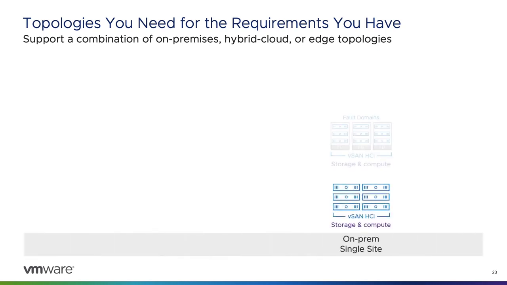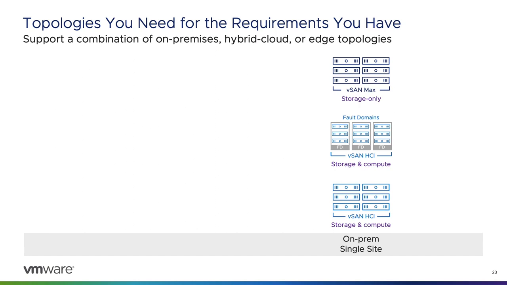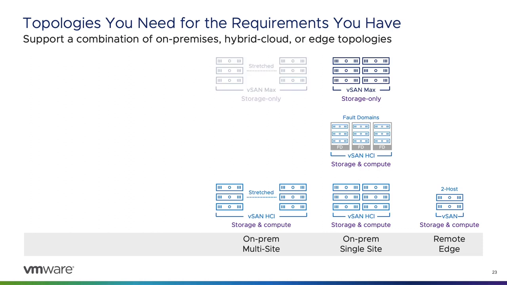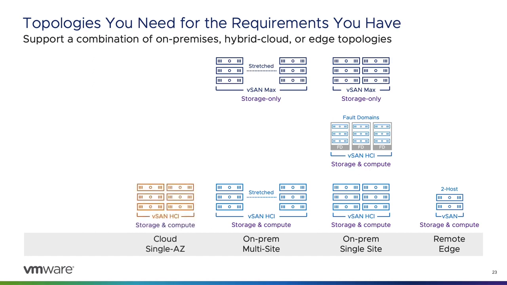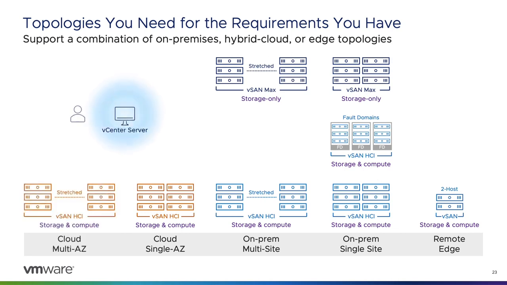A core characteristic of vSAN is flexibility. It is the flexibility that allows vSAN to power workloads of all types using topologies that best fit the requirements of an organization. Whether it be a single-site data center, a multi-site data center requiring high availability, or at the edge, vSAN is the platform that can provide all your storage needs. vSAN can not only run on-premises in a variety of configurations, but can also run just as easily in the cloud, ensuring that you have a common platform across all environments.